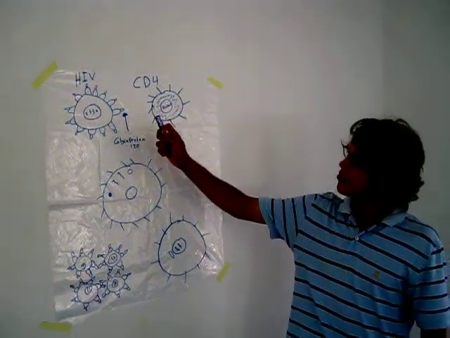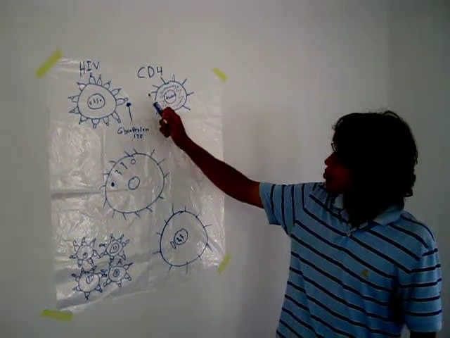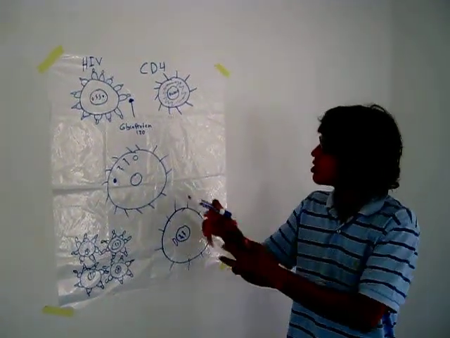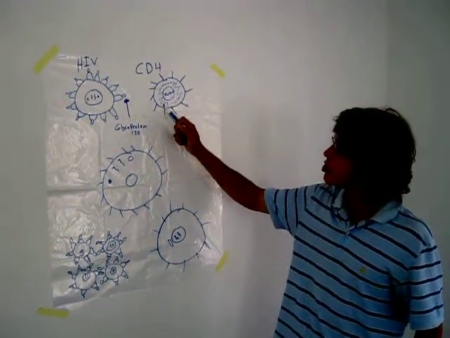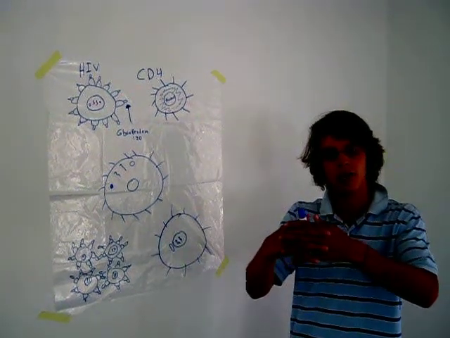When the HIV virion bumps into a CD4 cell, the outer proteins, glycoprotein 120, actually bond with the receptor proteins on the outer envelope of the CD4 cell, forming this lock and key combo.